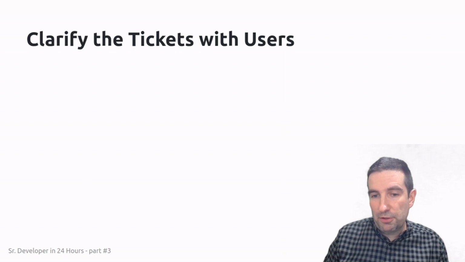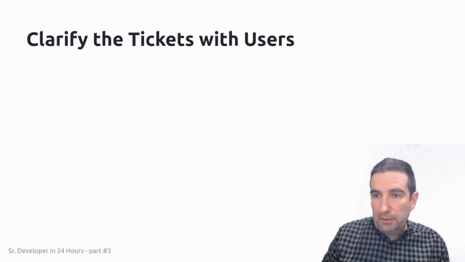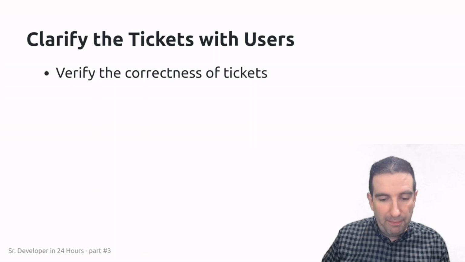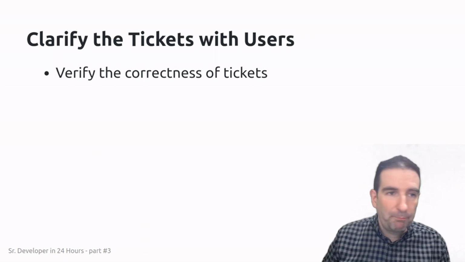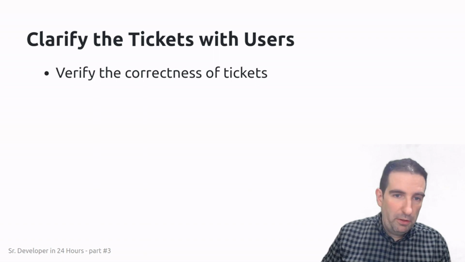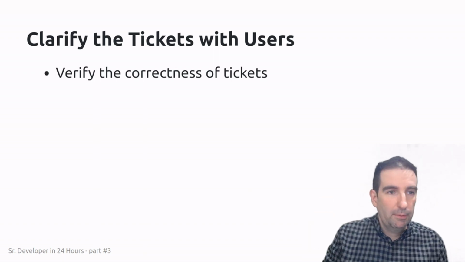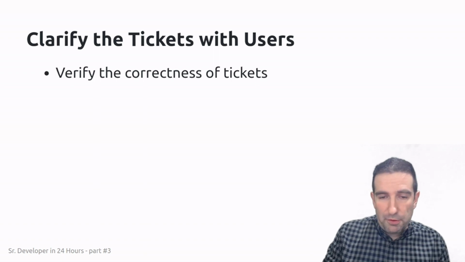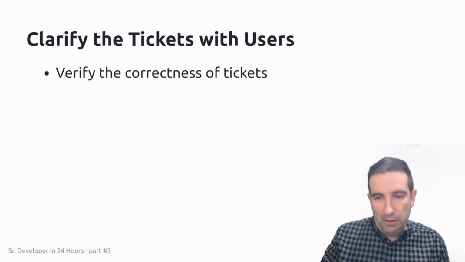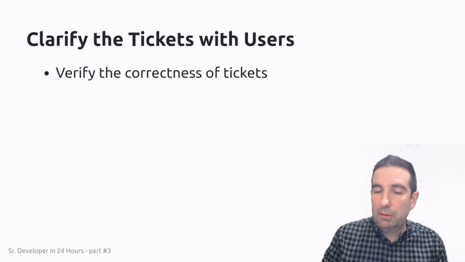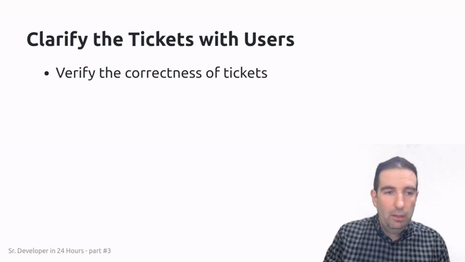We also want to make sure that we clarify the tickets with the users. We want to verify the correctness of the tickets. As we're going through the process, where we start with user requirements, and from user requirements we move into user journeys, into epics, into tickets, things could get out of sync. We could have miscommunication between one step and another.